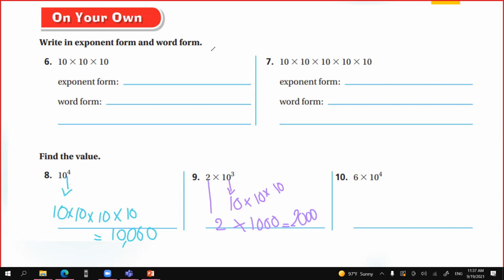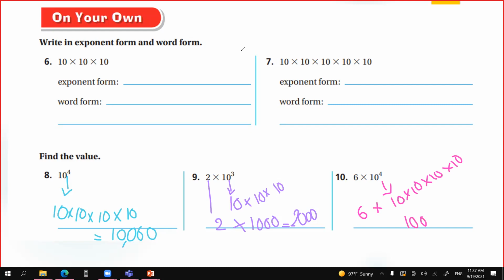Now, number 10 with Maryam Khalid. Yes, Maryam. 6 times 10 to the power 4. Here, how many zeros do we have?